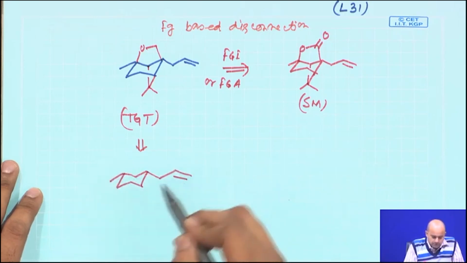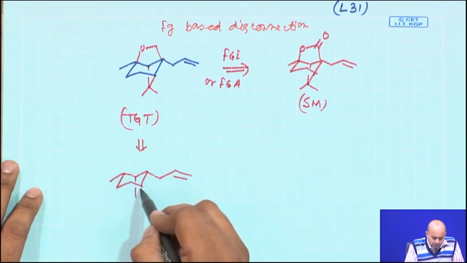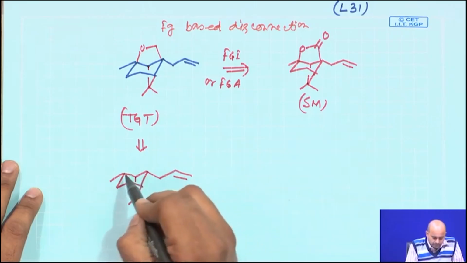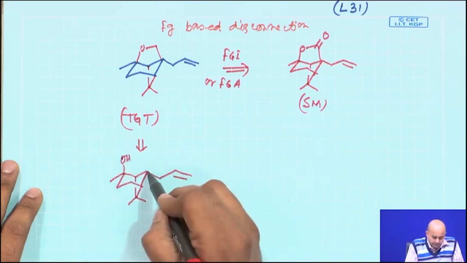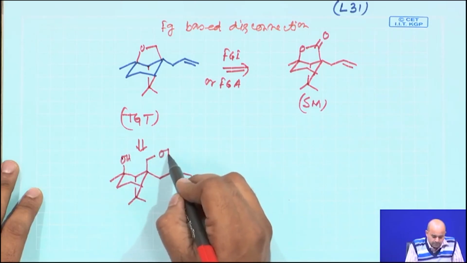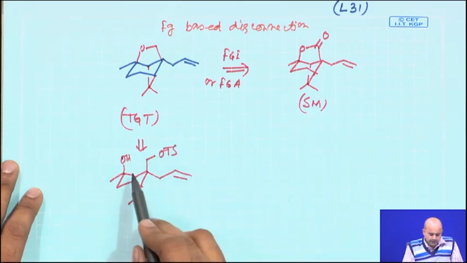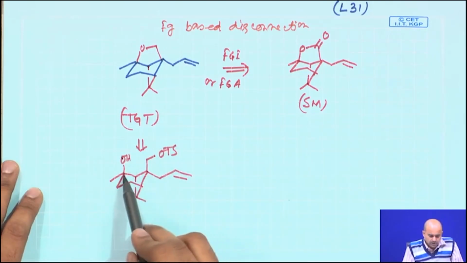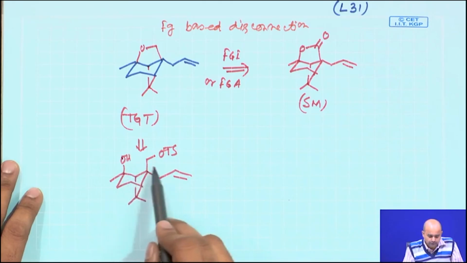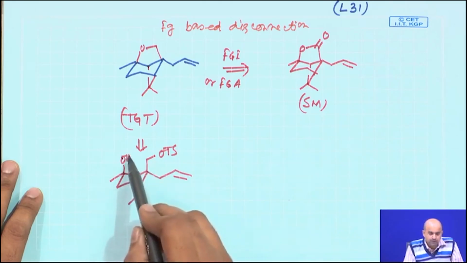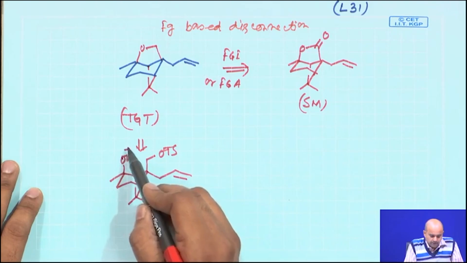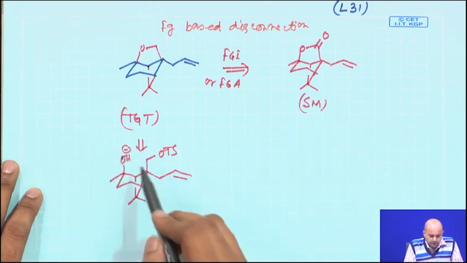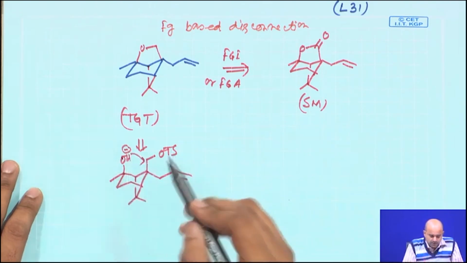Now, the disconnection I am drawing here: if you have a compound something like this, a monotosylate or hydroxytosylate, you can simply do an intramolecular SN2 reaction by abstracting a hydrogen here to generate an alkoxide which can undergo ring closing.